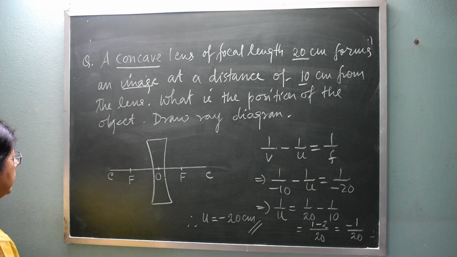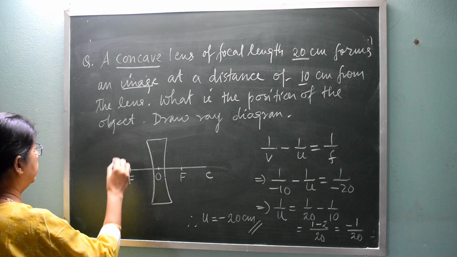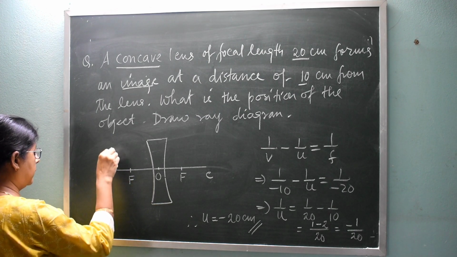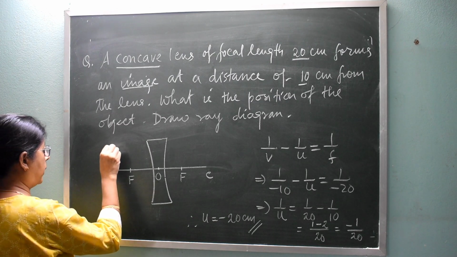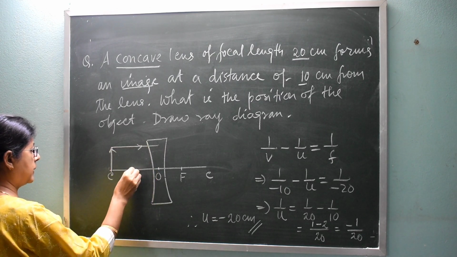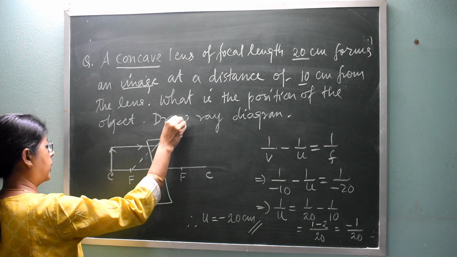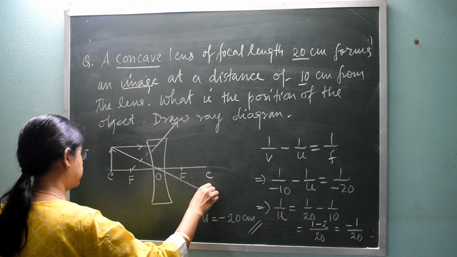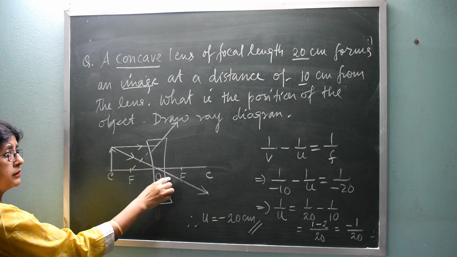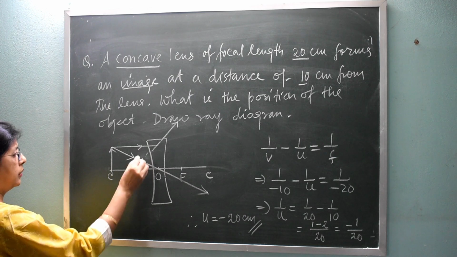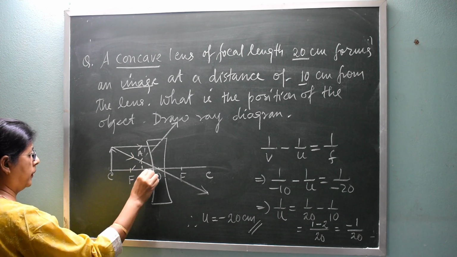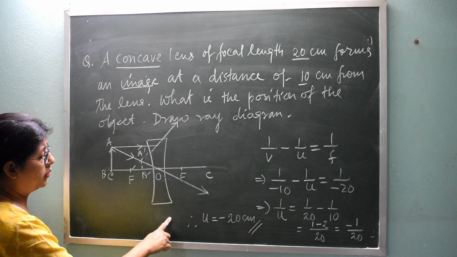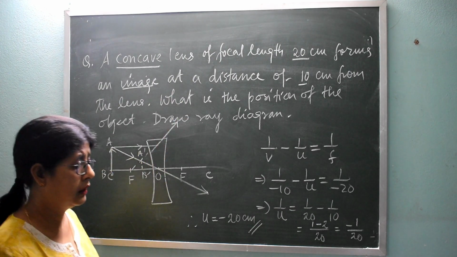Suppose this is an object placed here. One ray coming parallel to the principal axis, after refraction appears to come from the focus. One ray passing through O remains unchanged. These refracted rays appear to meet at this point where the image is formed. So A dash B dash is the image and AB is the object. So this is the ray diagram related to our numerical.